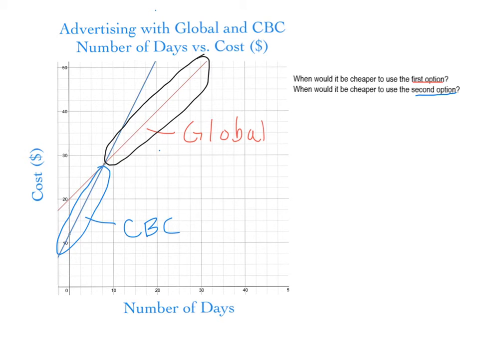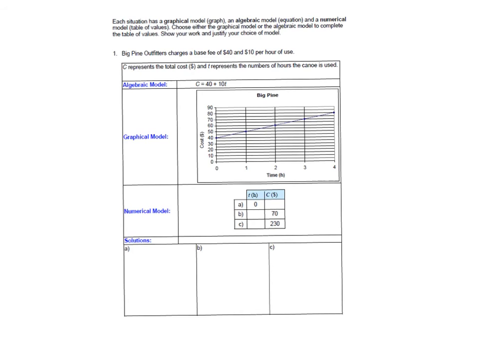And as I just discussed, this point represents 8 and 28. And therefore I know that if I'm going to run my advertisement for less than 8 days, then CBC will be cheaper.